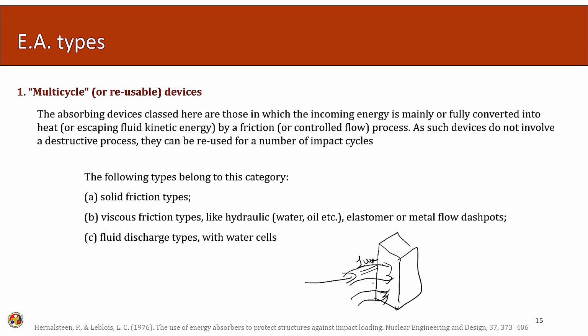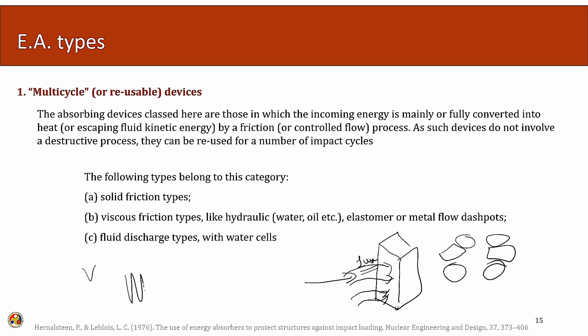The same is the case for other devices also, like packaging materials and all. They should be reusable. So, we will look into the reusability criteria. In some cases, the energy absorbers are not reusable, like in the case of a vehicle impact.